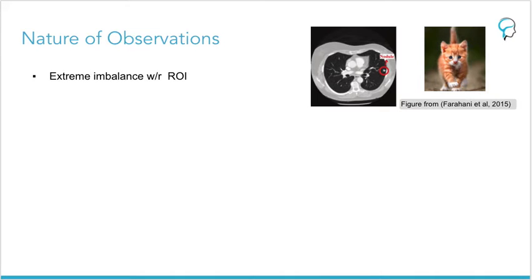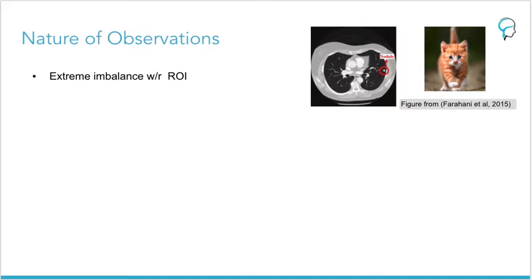First, nature of observations. Some of the challenges of nature of observations are extreme imbalance with respect to ROI. What do I mean by this? One big difference between using deep learning with natural images and medical imaging is that with natural images, oftentimes the object of interest is very large and usually in the center of the image.